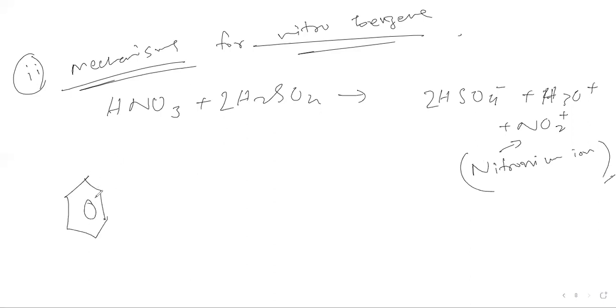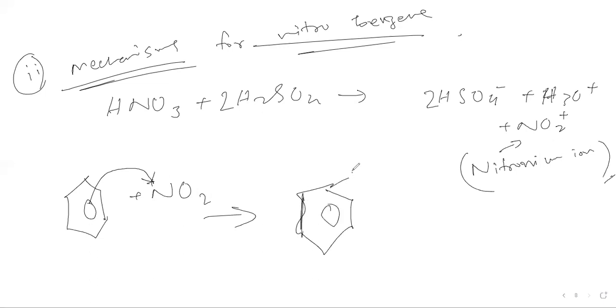Okay. Now, this was the first step. In the second step, the simple thing will happen which we have seen so far in the benzene part, in the Friedel-Crafts alkylation, the initial reactions which were shown in the first lecture. So this pi electron system will attack this nitrogen, the electrophile, forming this NO2 and this hydrogen.